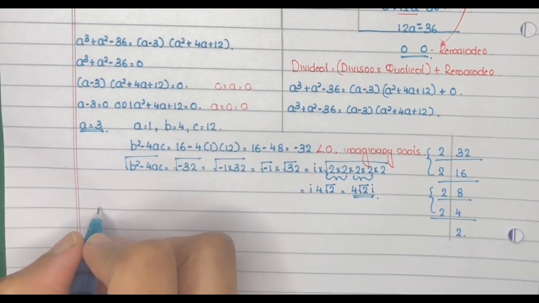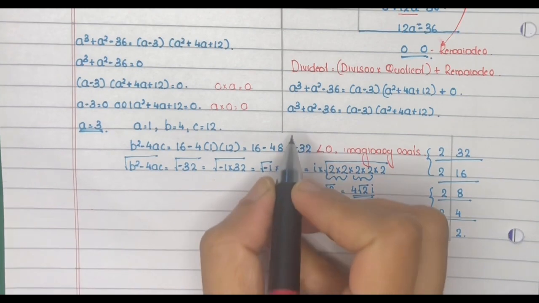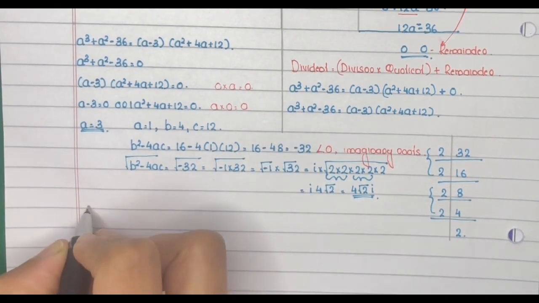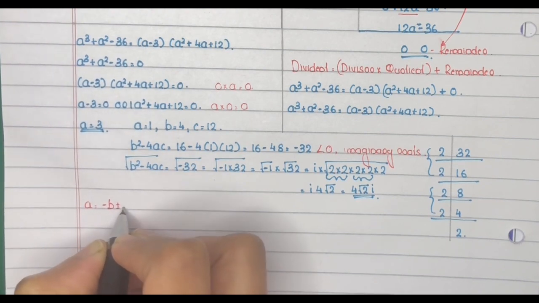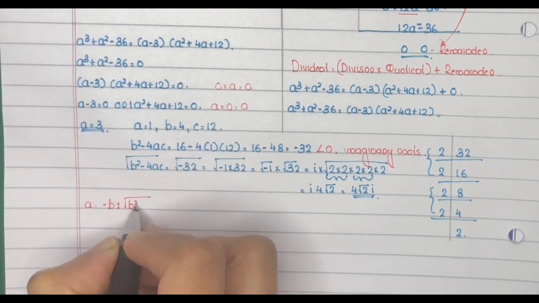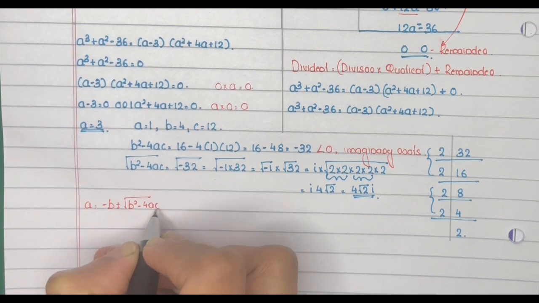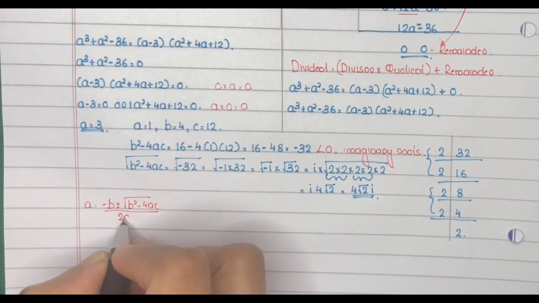By applying the quadratic formula, here you need to find out the value of a. So a is equal to minus b plus or minus root of b square minus 4ac by 2a.